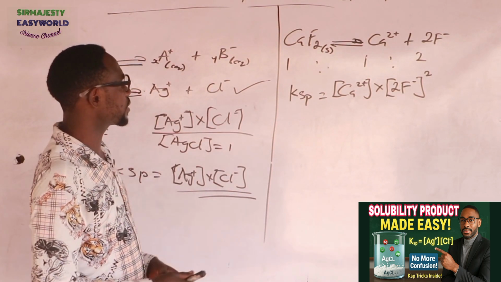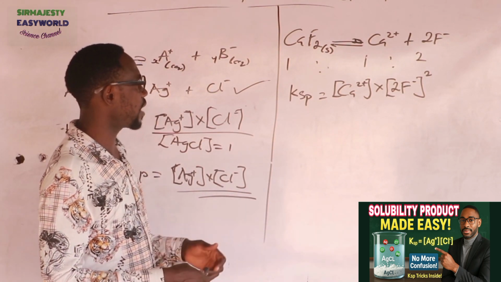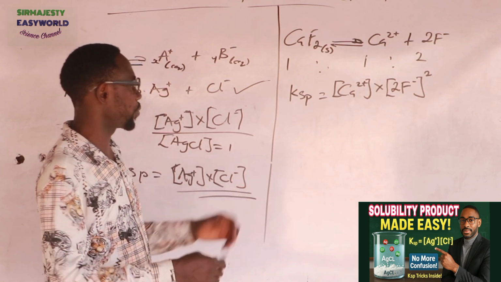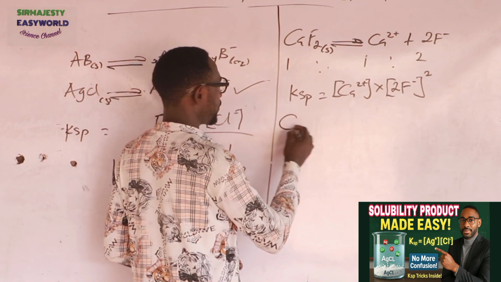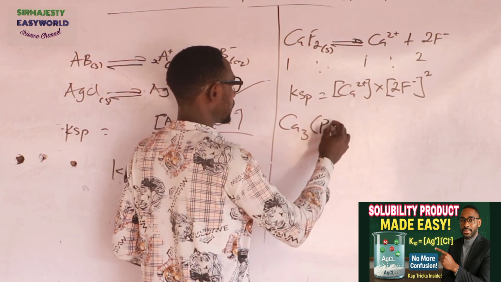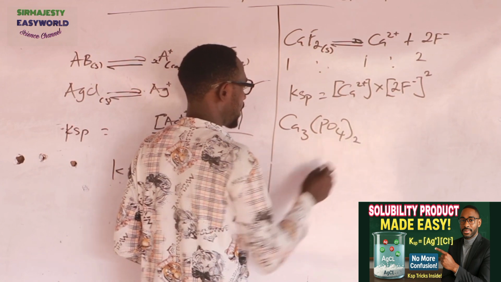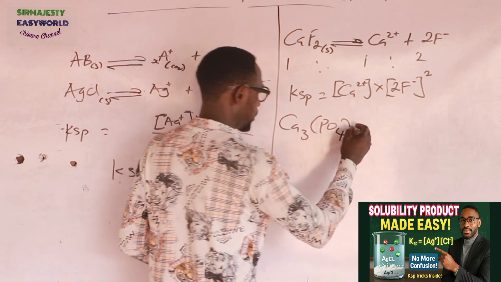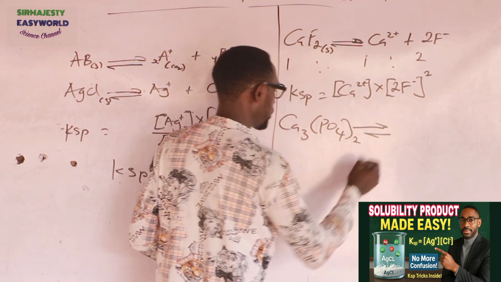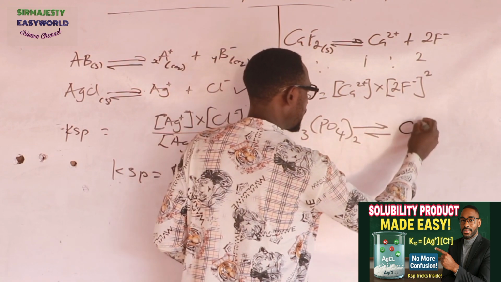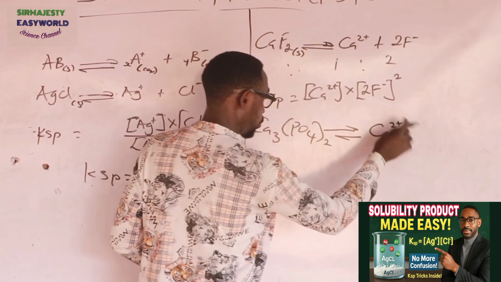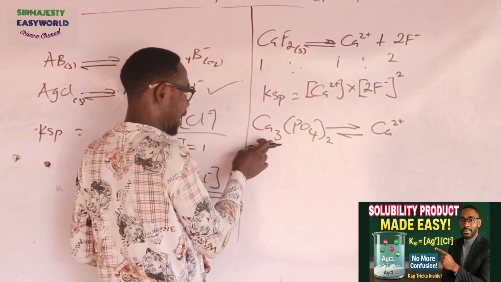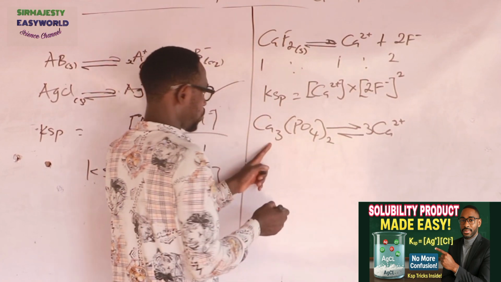So bringing it to action, what if we have some compounds that have multiple ions? Let's go. If we have calcium tetraoxophosphate 5, dissociate this, forward, backward, we will have Ca2+, calcium ion, but we have 3 atoms. You have to put that 3 to balance it.